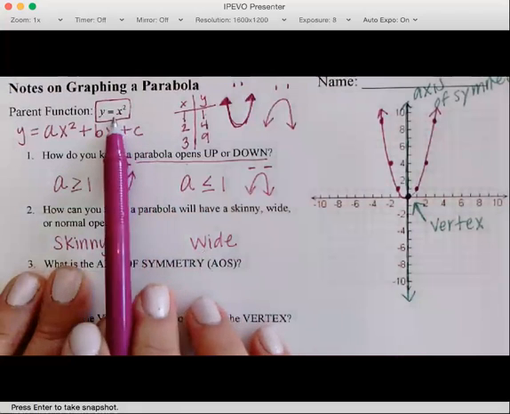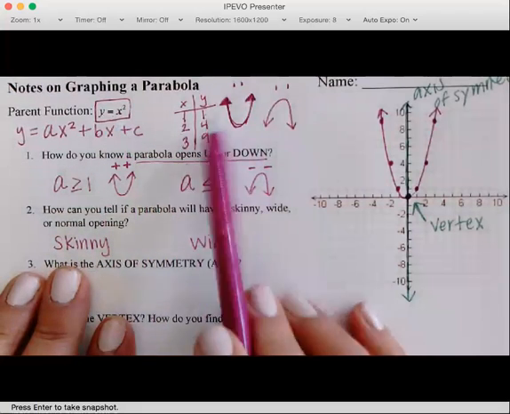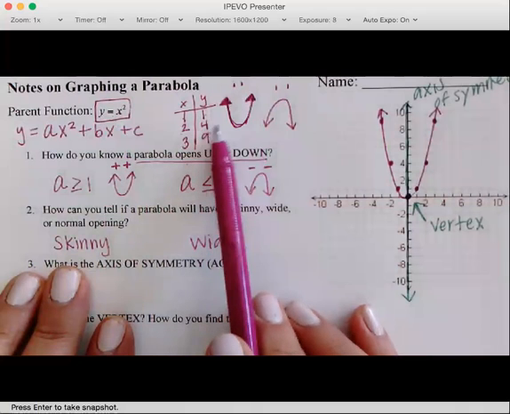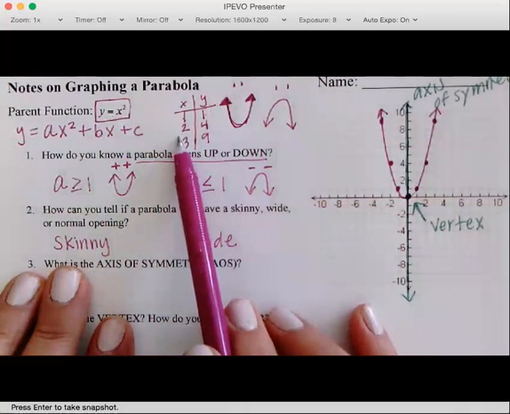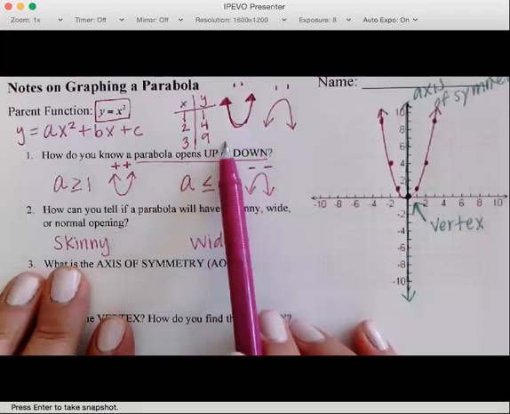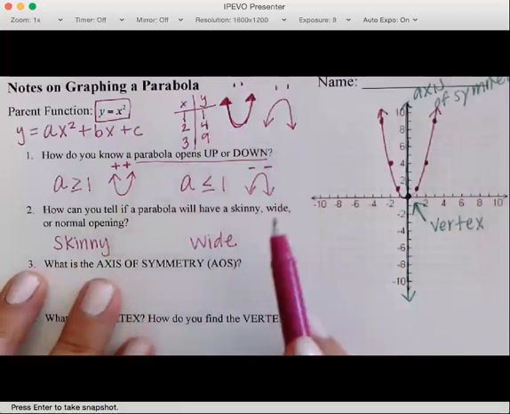If I plugged in a 5 here and I had the 1, 1, 2, 4, 3, 9, what would happen is that all of these would jump up by multiplying by 5. And when we multiply 4 by 5, we're going to get 20. So we're going to go over 2, up 20. If we multiplied 9 by 5, we'd go over 3, up 45. And that would make it really skinny.